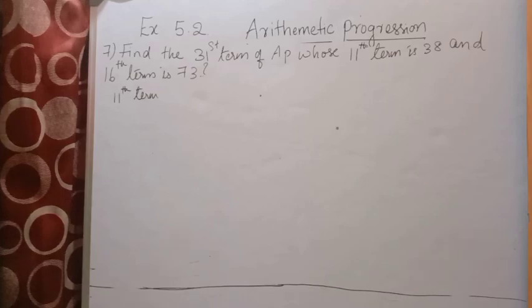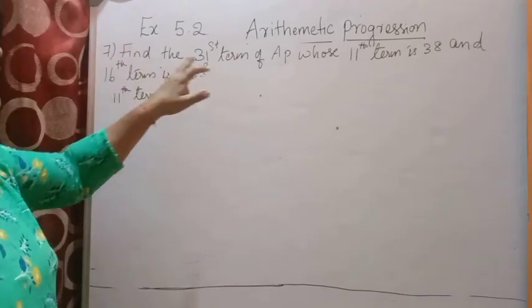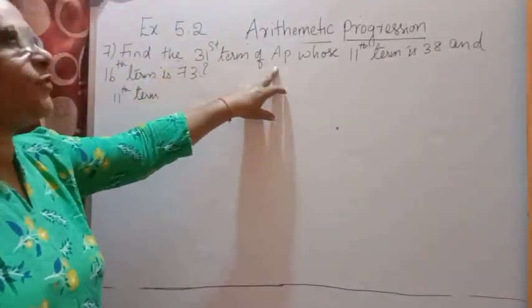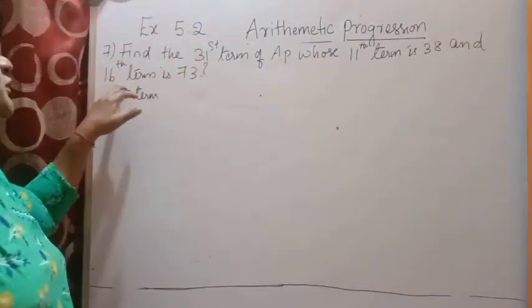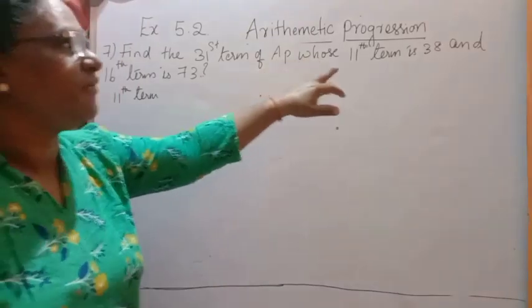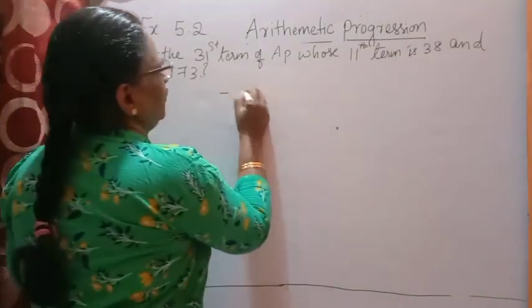In the next problem, the 7th problem, they have given: find the 31st term of the AP whose 11th term is 38 and 16th term is 73. The value of the 11th term is given, and the 16th term is given. See, you have so many terms here.